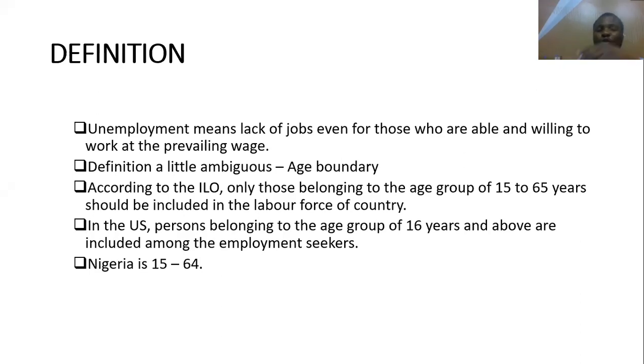All right. So that is the age part there. Again, there is the time dimension. When you're talking about unemployment in the time dimension, you need to consider at what point those people are not engaged. That is why in Nigeria, unemployment comes out every quarter. The unemployment rate in quarter 1, 2020 will definitely be different from quarter 2, 2020.